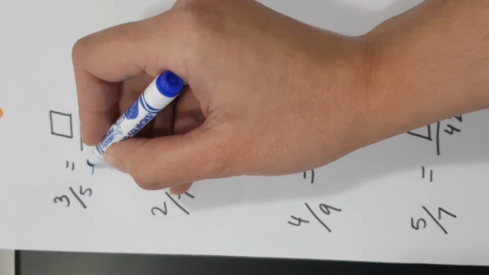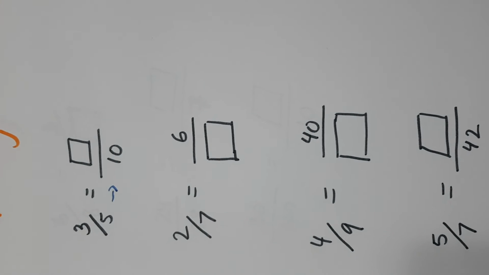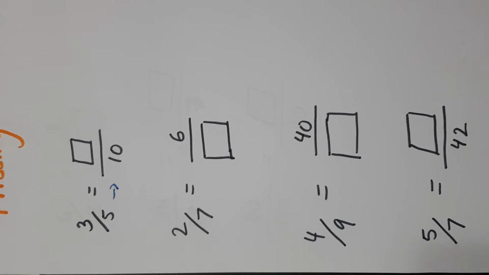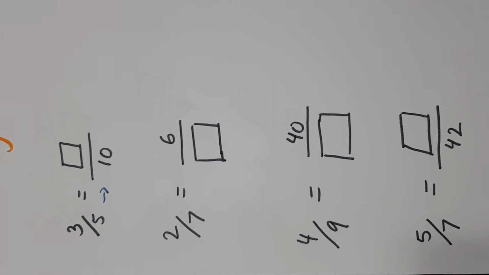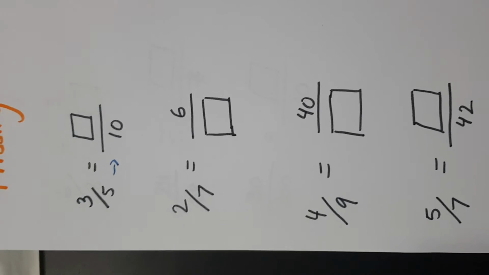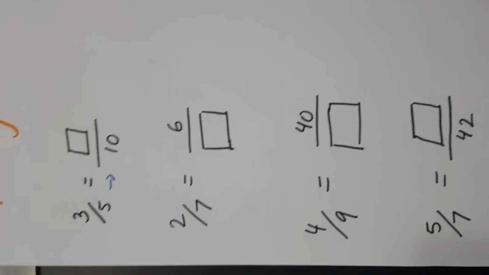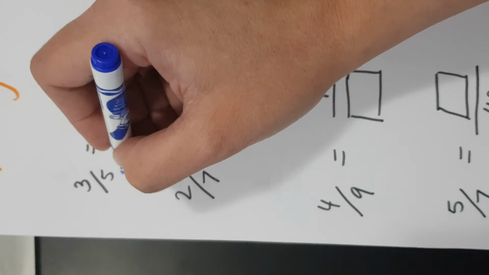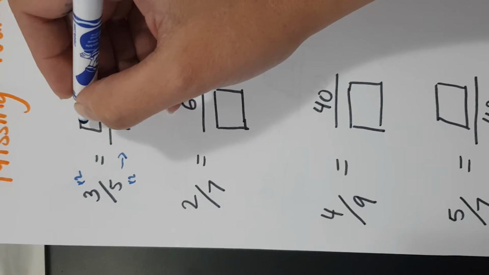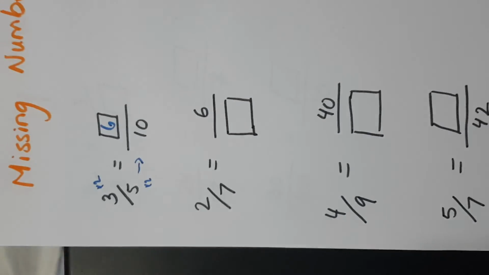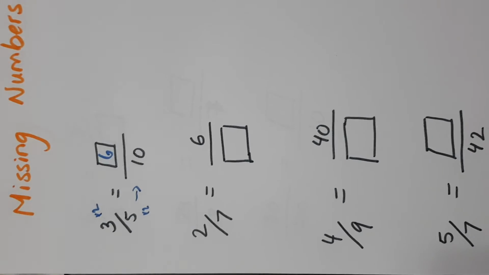It increased, which means in this case, they multiplied. You need to think: 5 times how much equals 10? 5 times 2. Excellent job. Which means that because here you multiplied by 2, you need to multiply up by 2 as well. So 3 times 2 is 6. So the missing number here is a 6.